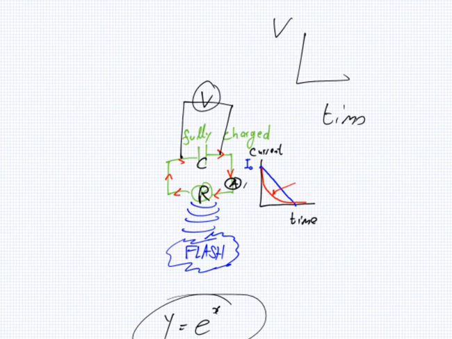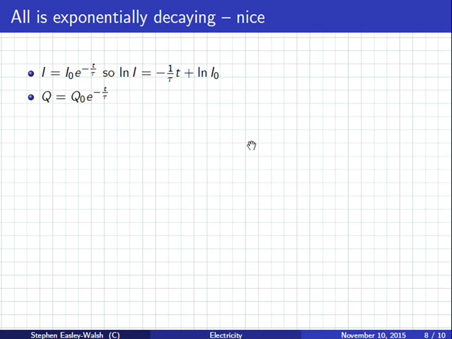Log and log. So now I get log current equals log I0 plus log e to the minus 1 over tau t. Now what happens when you have a log and an e together? They cancel.